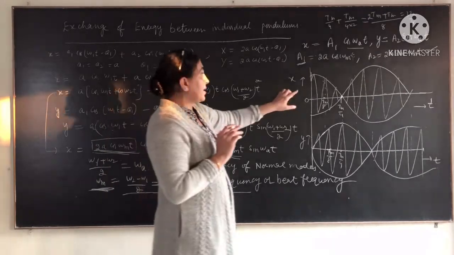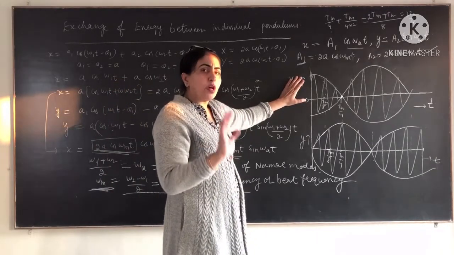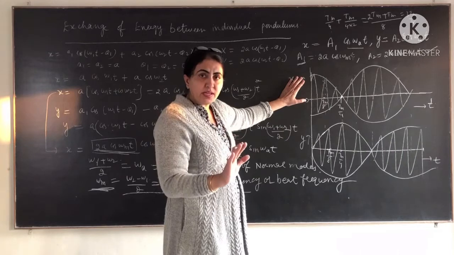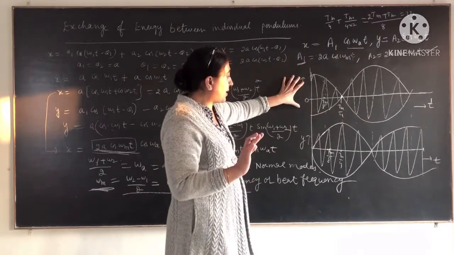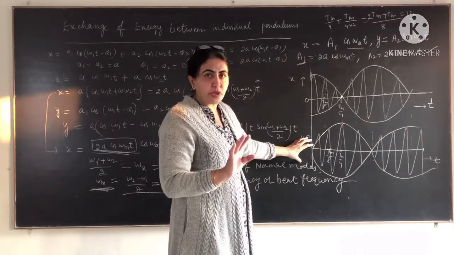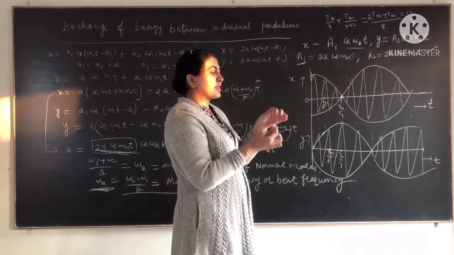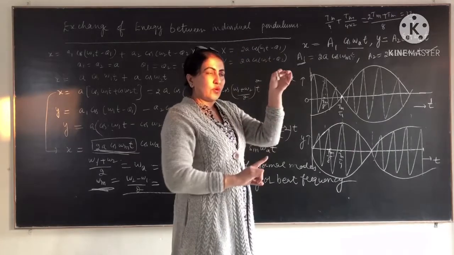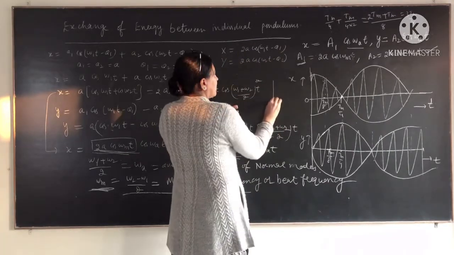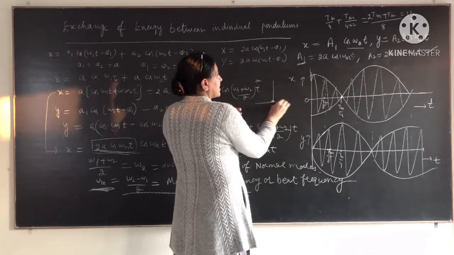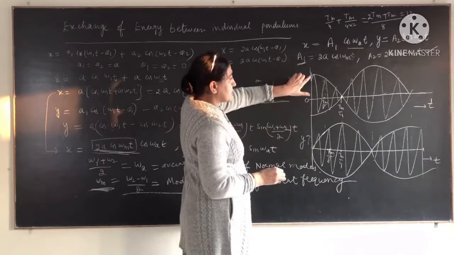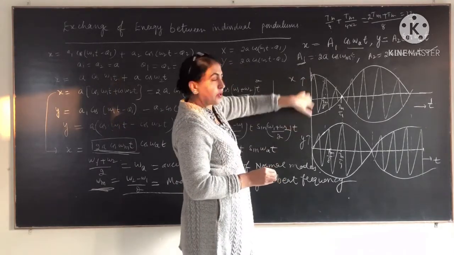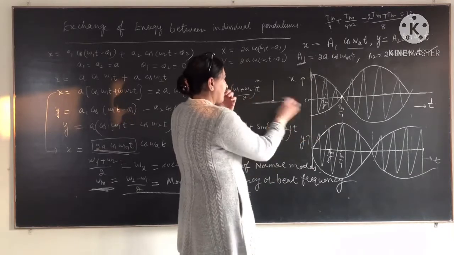Now here energy is always directly proportional to amplitude square. This is for one pendulum and this is for the second pendulum. I am drawing this diagram. The pendulums are oscillating to and fro like this. Clear? So that is the position, showing positive, negative, or you can say left and right.